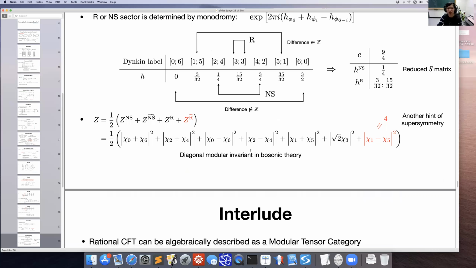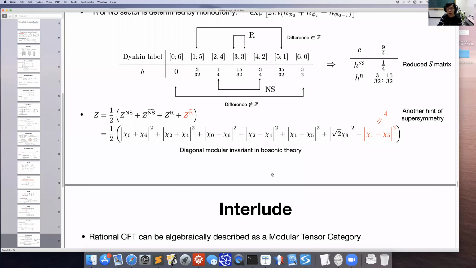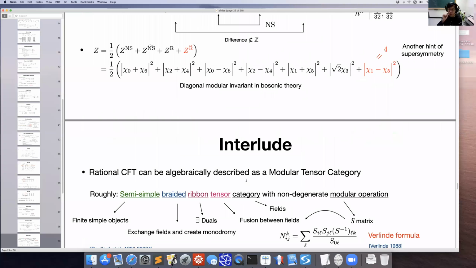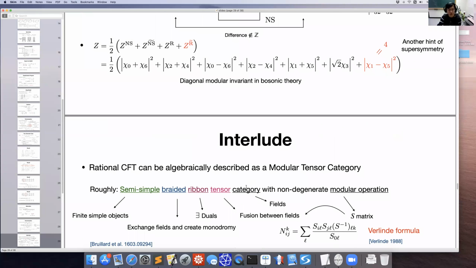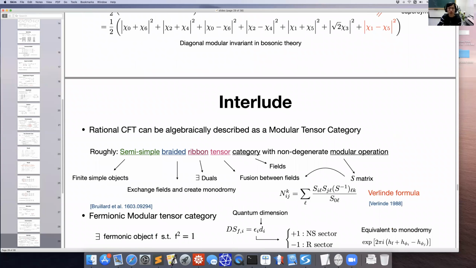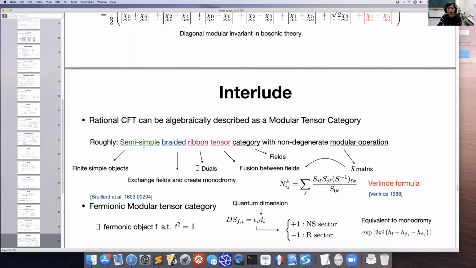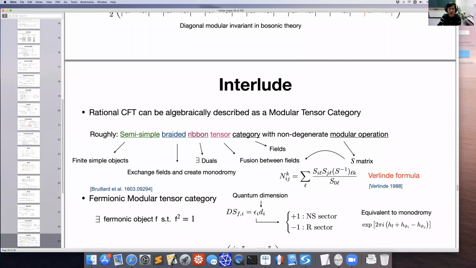Okay, so why am I talking about this? Part of the reason is that it's due to some construction in condensed matter physics. So let me give a side remark. Rational CFTs can also be algebraically described as a modular tensor category. So this is some complicated mathematical concept, but here, this is the basic definition.